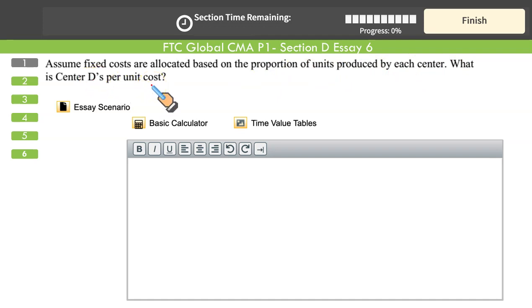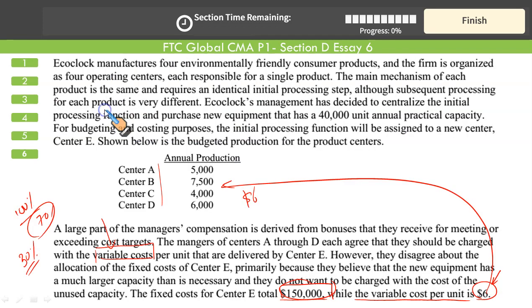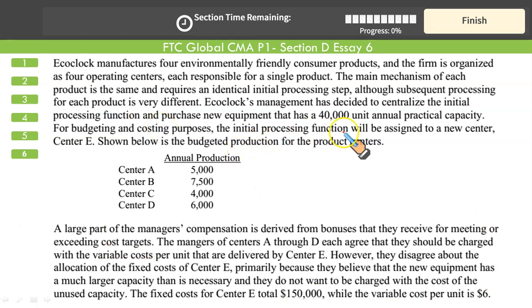Okay, going back to the case study. This is your variable cost, $6, and this is the fixed cost. In the first question, it says that the fixed cost, $150,000, is to be allocated based upon the annual production of these 4 centers. If you add these all, 5,000 plus 7,500 plus 4,000 plus 6,000, you get 22,500. So calculate the unit cost. Very simple.